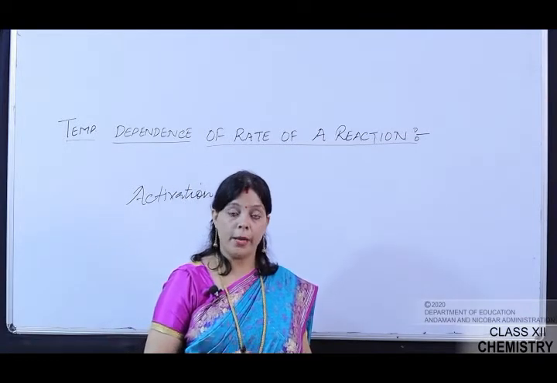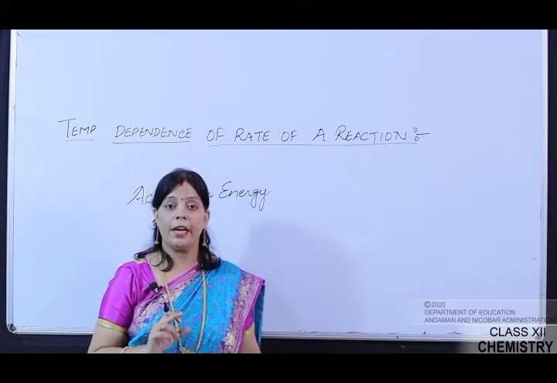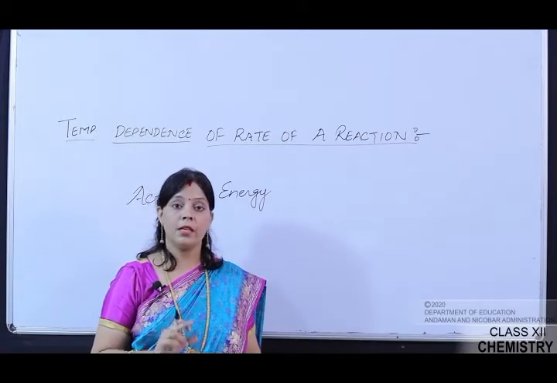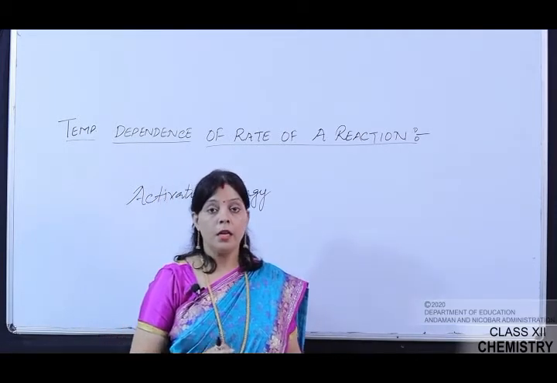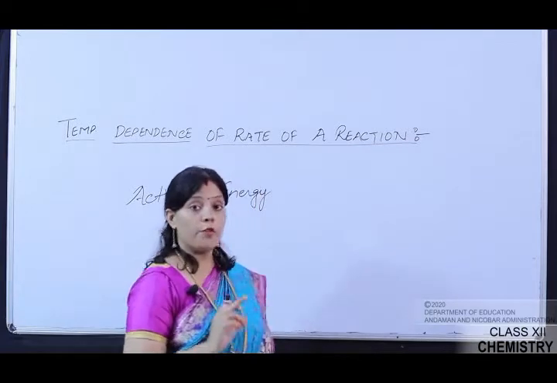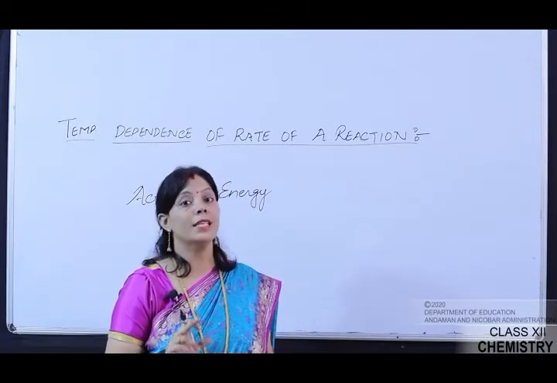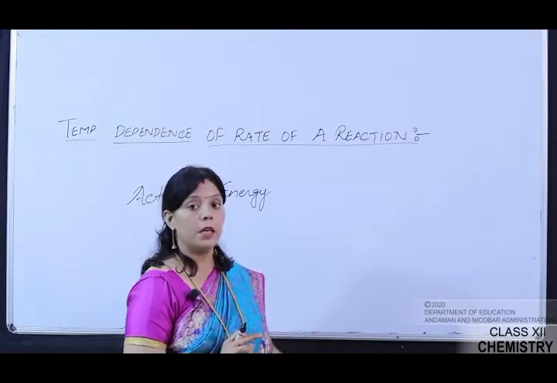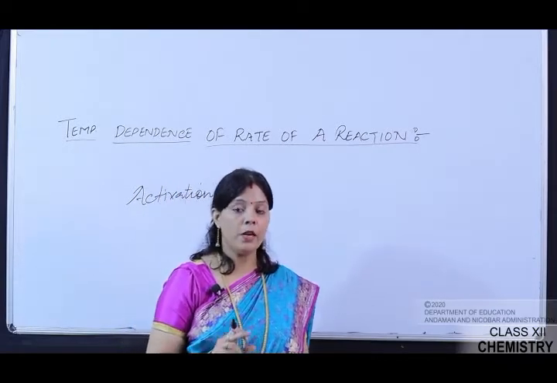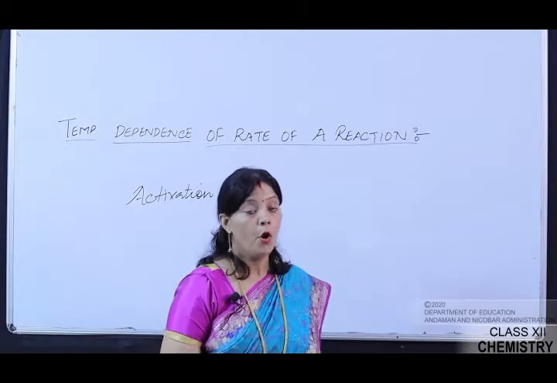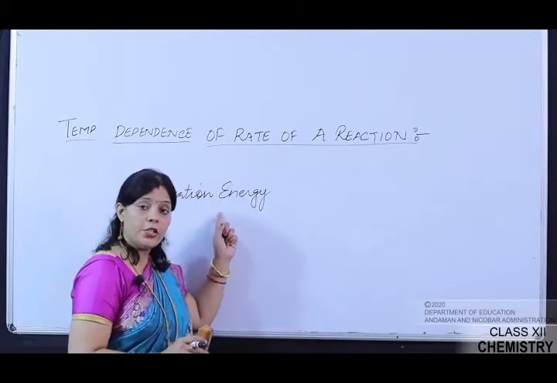According to them, the distribution of kinetic energy can be described by plotting the fraction of molecules with a given kinetic energy versus kinetic energy, and this curve is named the Maxwell-Boltzmann distribution curve.